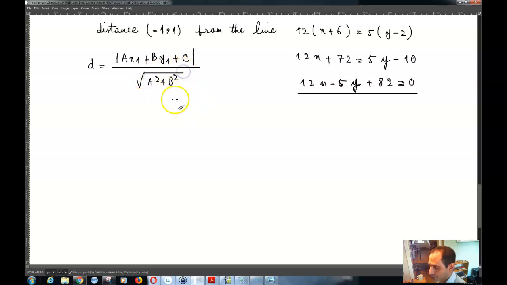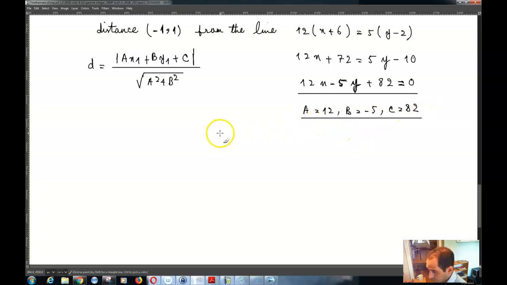So these two numbers over here, your x1, y1, come from the point, and a, b, c come from your line, meaning that your a is equal to 12, your b is equal to -5, and your c is equal to 82.